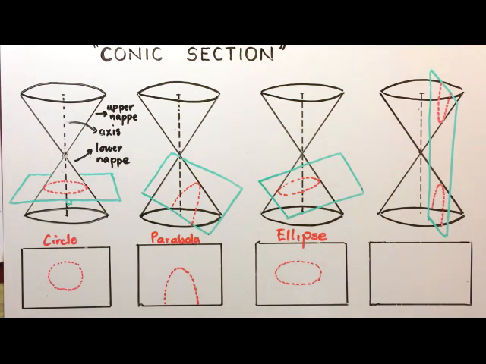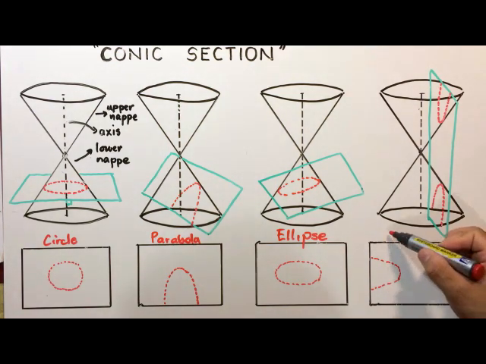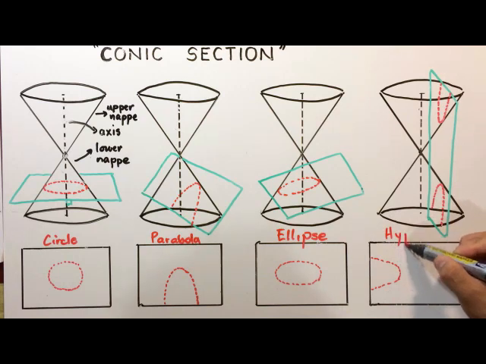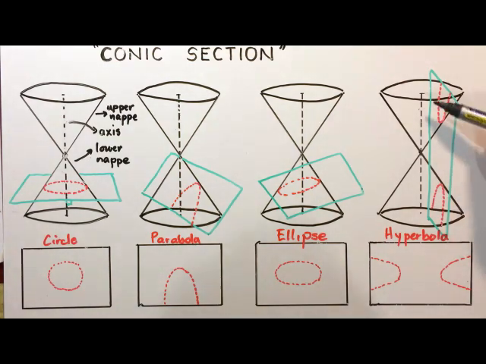So if you place this one here, what figure can you form? Actually, you form like this. So what do you call this one? We call this one the hyperbola. So what is a hyperbola? A hyperbola is a curve traced by the intersection of the cutting plane when the cutting plane is parallel to the axis of the conic.